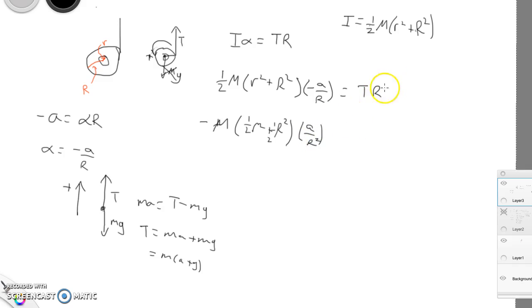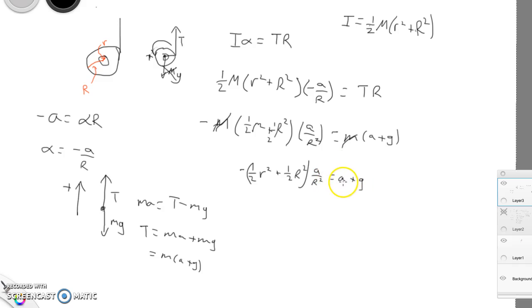So A over R squared equals, and then T is equal to M times A plus G. So we can cancel out the M, so we get negative, 1/2 little r squared plus 1/2 big R squared, times A over R squared equals A plus G.